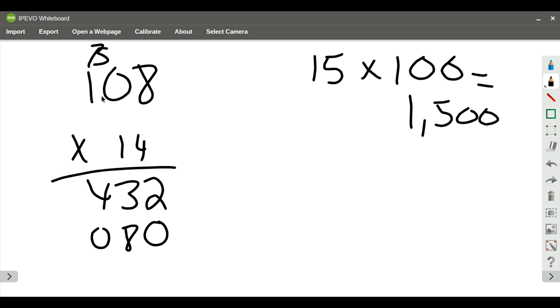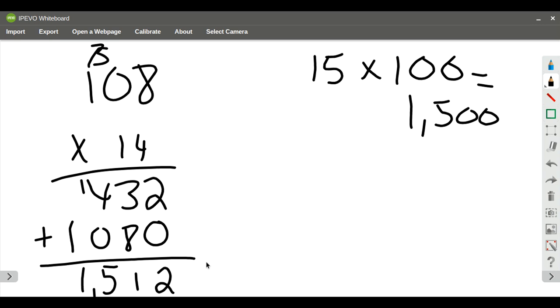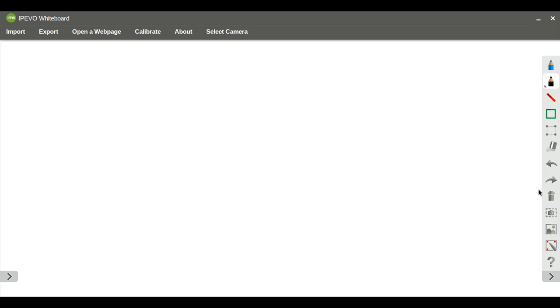And then 1 times 1 is going to be 1. I'm going to put those together and see what I get. So I have 2. 4 plus 3 is 11. Regroup. 1 and 4 is 5. And 1. So my answer is going to be 1,512, which is near 1,500. My answer is reasonable. Next problem.